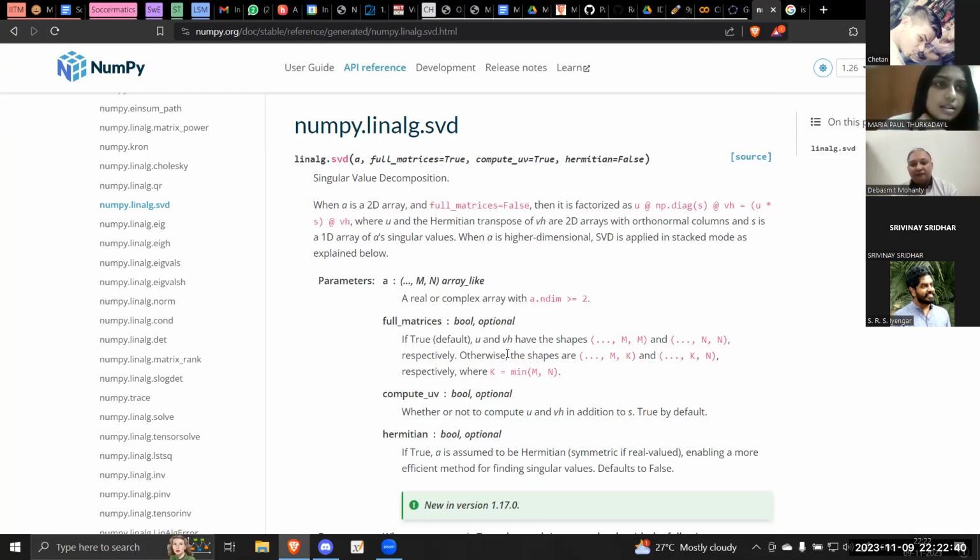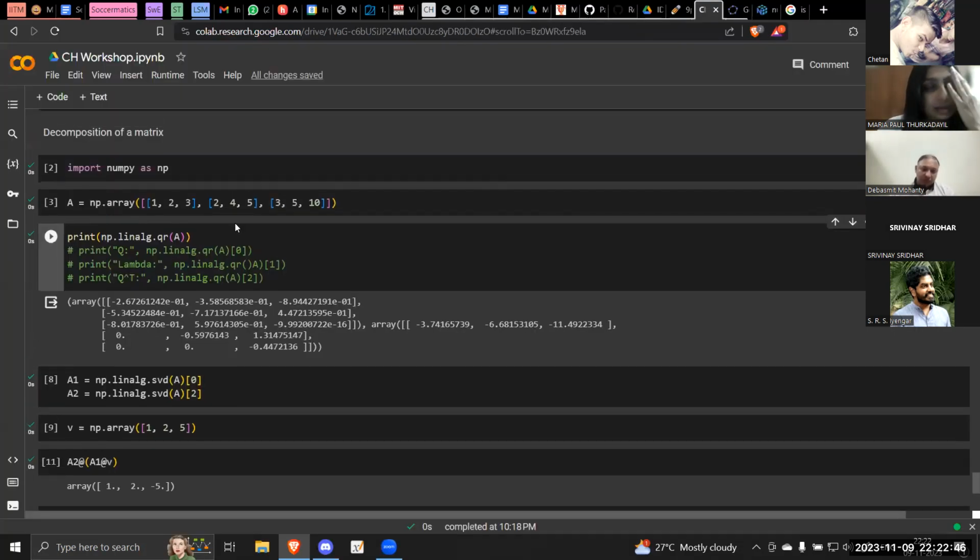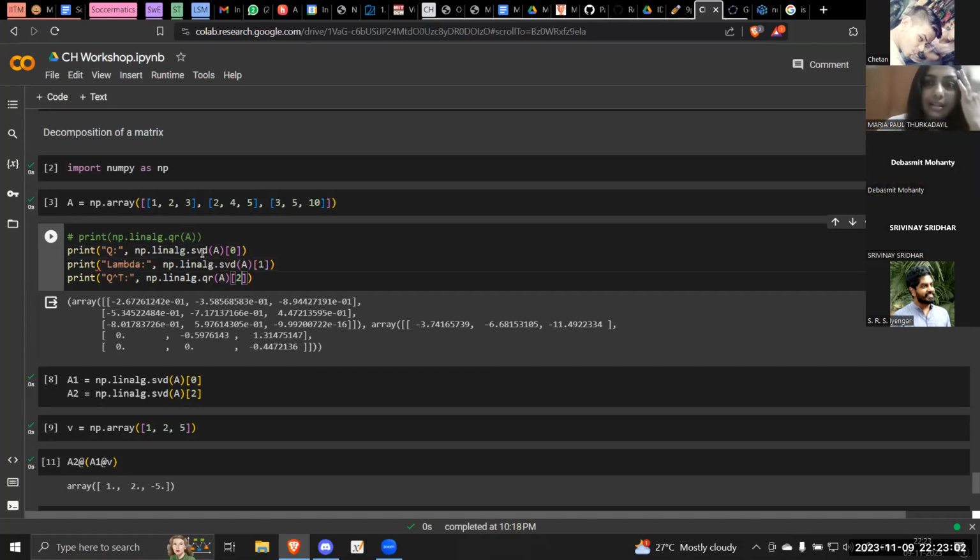Yeah, sir. So we actually tried a code in NumPy. When you decompose a square matrix into Q lambda Q transpose, right? You're supposed to get two symmetric matrices at both ends, where Q and Q transpose, right, provided your matrix permits it.